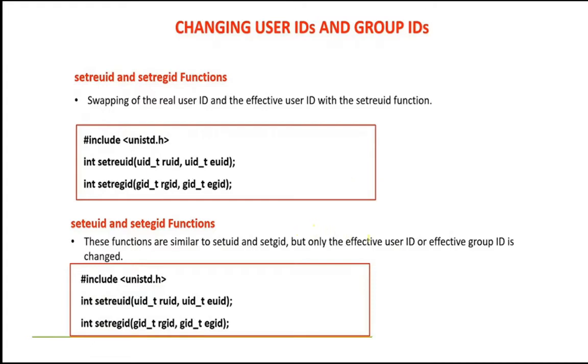Here also they are going to return 0 if the change has been done perfectly, else they return -1 on error. An unprivileged user can set its effective user ID to either its real user ID or its saved set-user-ID. For a privileged user, only the effective user ID is set to the UID.